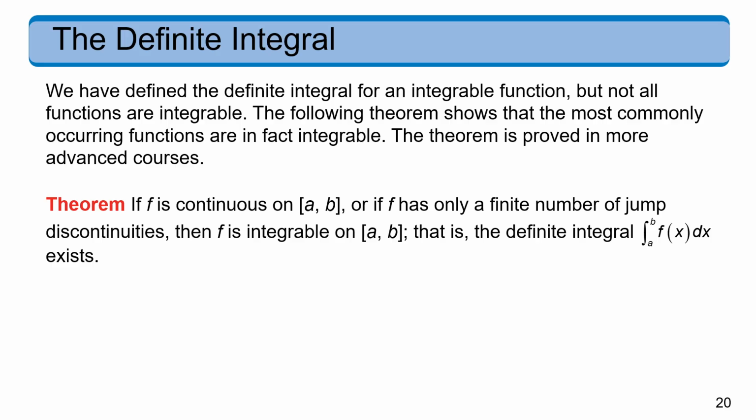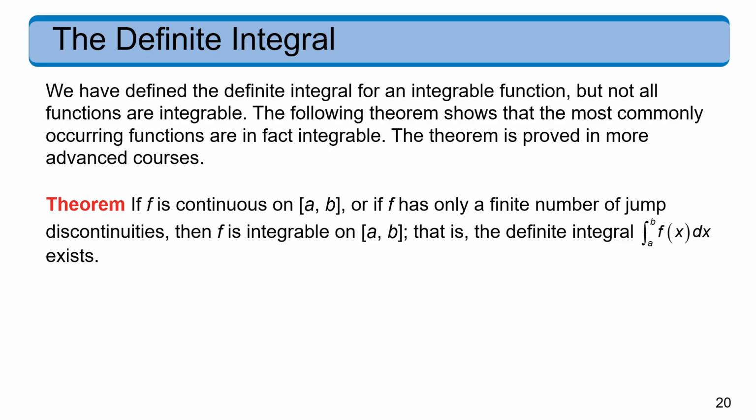We introduced the term integrable earlier, and so that refers to a situation where the definite integral of a function exists, right? We said because it's defined as a limit, it won't always exist. So we have a theorem here that gives us some conditions that guarantee that a definite integral will exist.